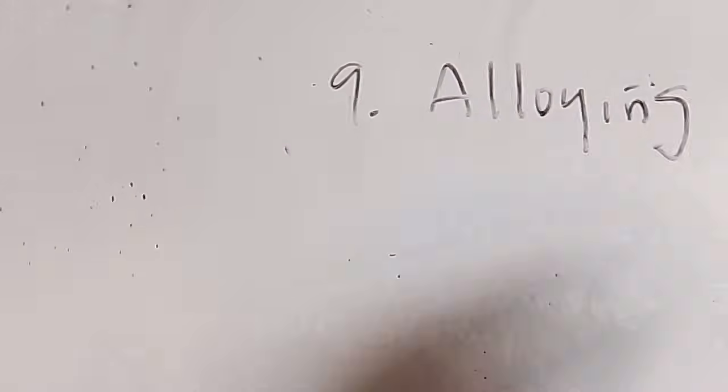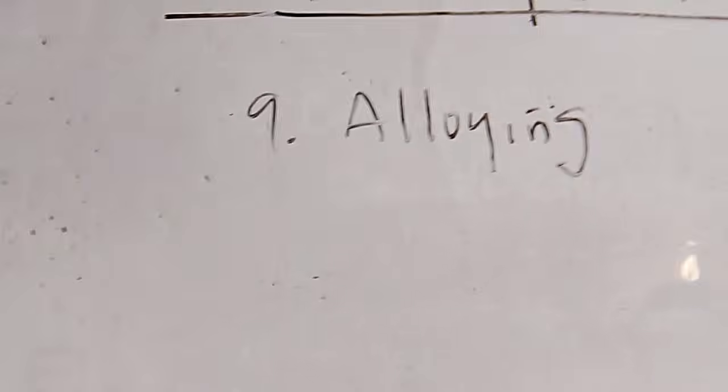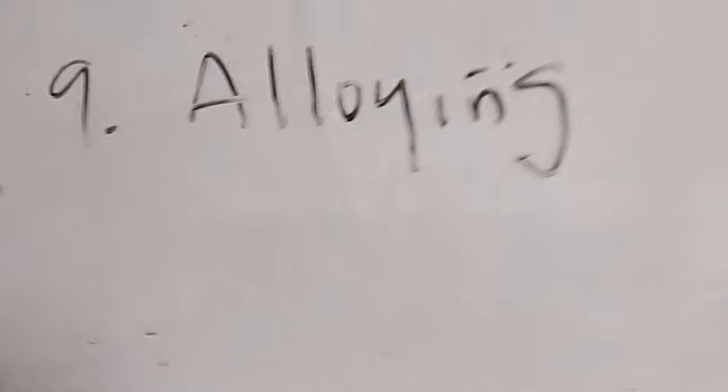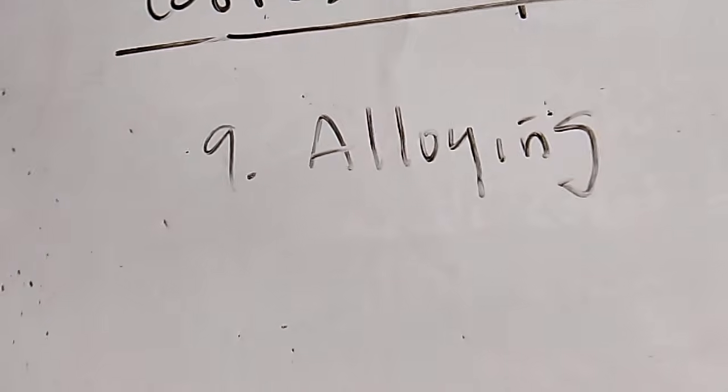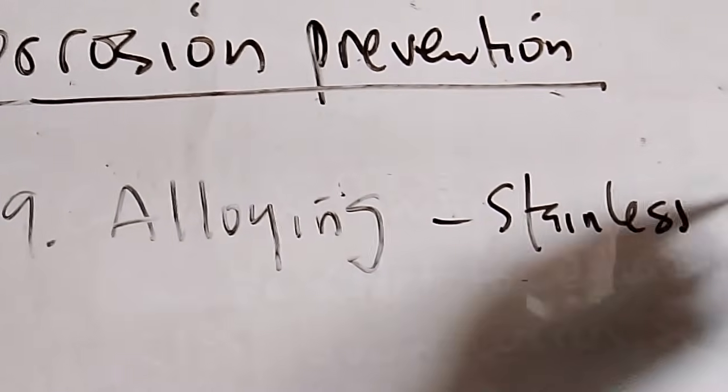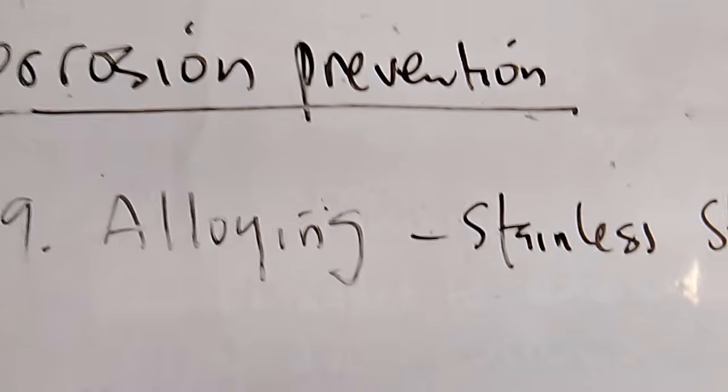Okay, then we can also use alloying. Alloying is also one of them. That is the formation of alloys. Okay, so we have stainless steel.